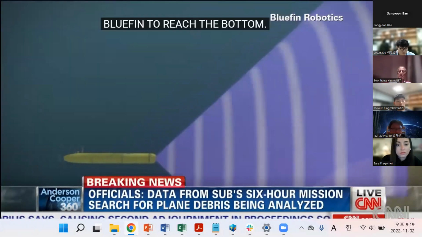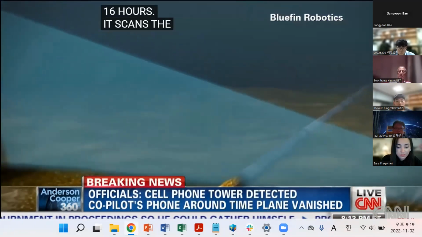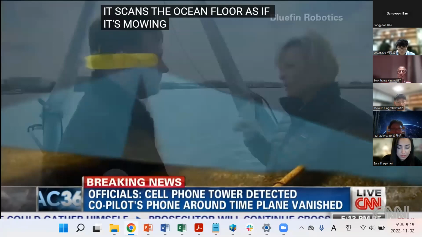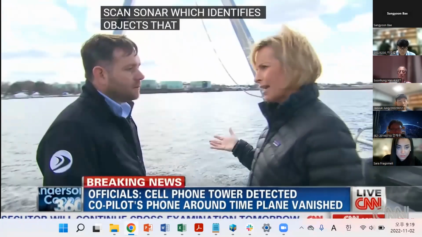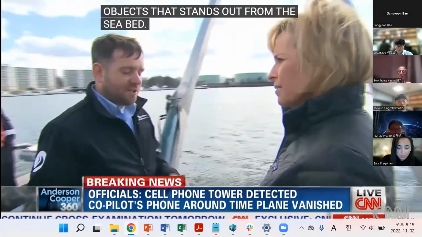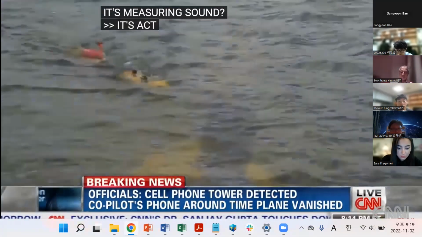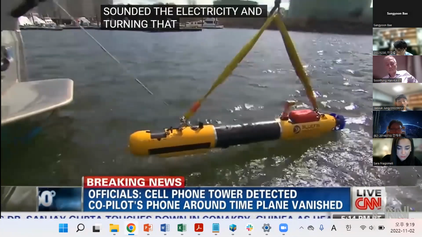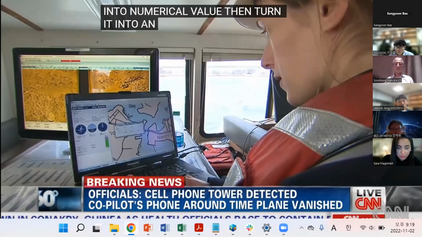It scans the ocean floor as if it's mowing a lawn, using side-scan sonar, which identifies objects that stand out from the seabed. When it's working with the side scanners, it's not actually taking pictures, right? No. It's measuring sound. Correct. What it's doing is it's converting sound to electricity and then turning that electrical value into numerical values, then turned into an image. When it returns to the surface, scientists download the sonar data to computers.